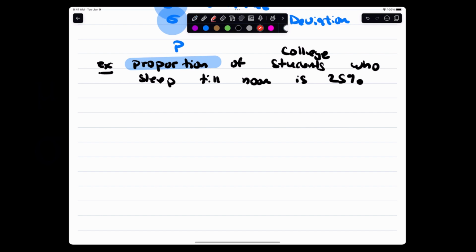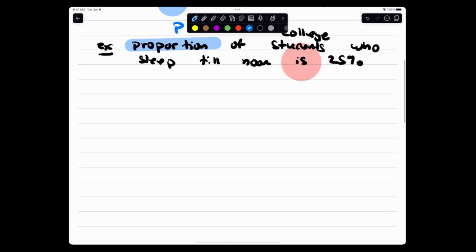We're going to work with some key phrases here, okay? Is is short for what? Let's do some math phrases.